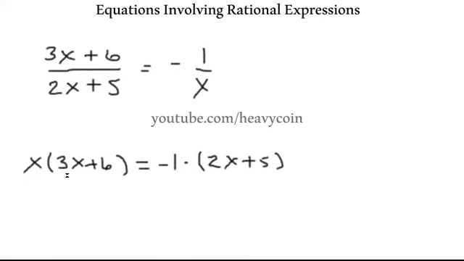Alright, I'm now going to distribute this x across, so this becomes 3x squared plus 6x is equal to, distributing this negative through, negative 2x minus 5.